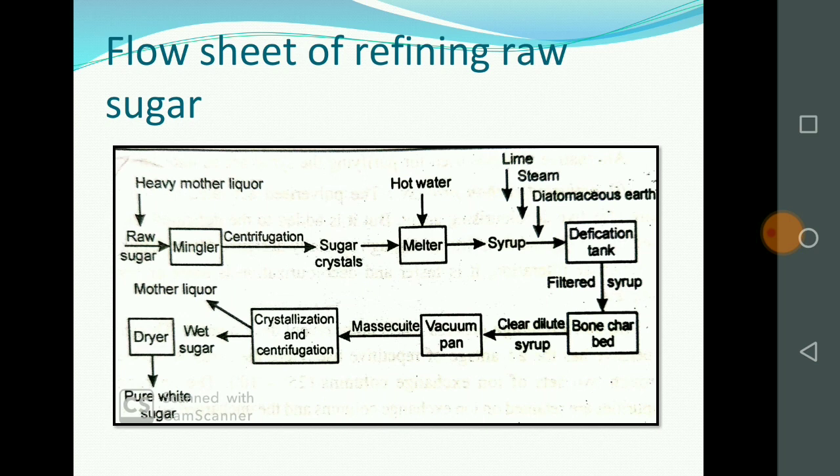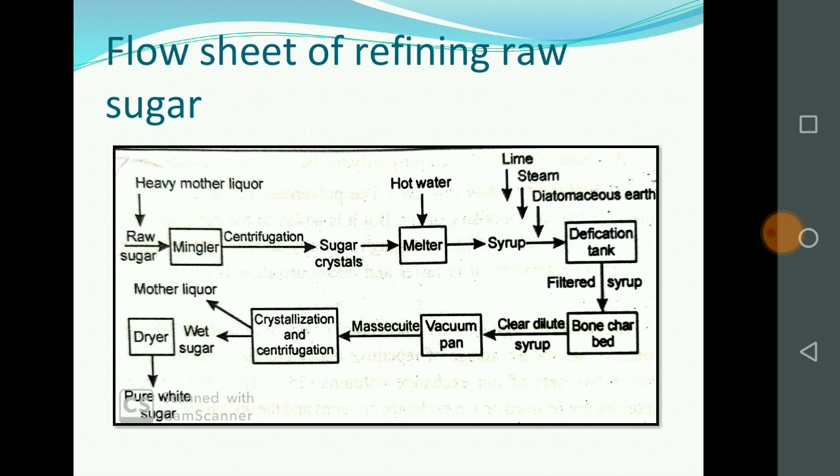Now the next step is the drying process. Sugar thus obtained contains 1 to 2% moisture, so it is dried in a granulator. A granulator is a horizontally rotating drum through which hot air is blown in the opposite direction. When wet sugar passes through the hot air, it is dried.